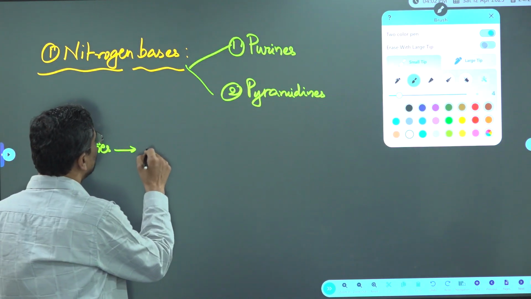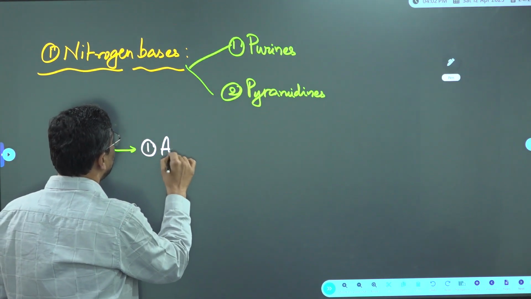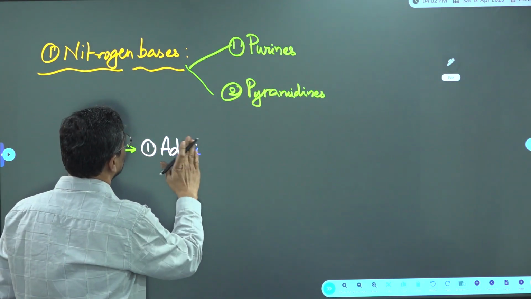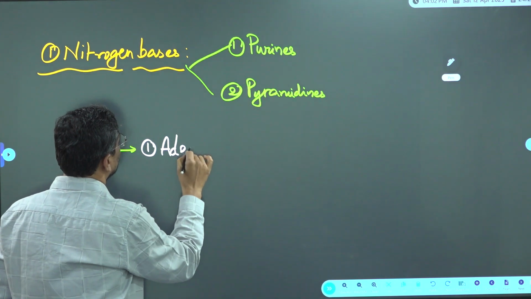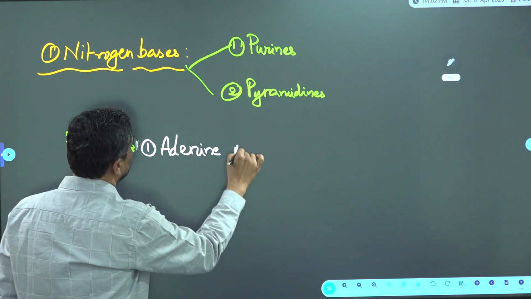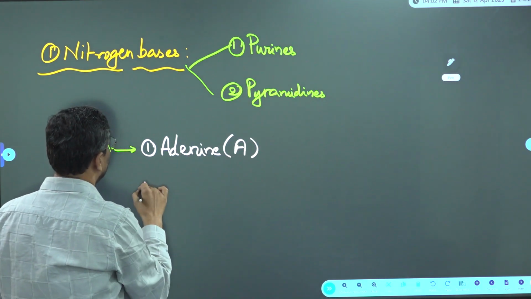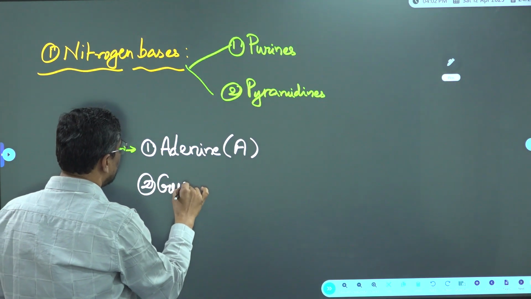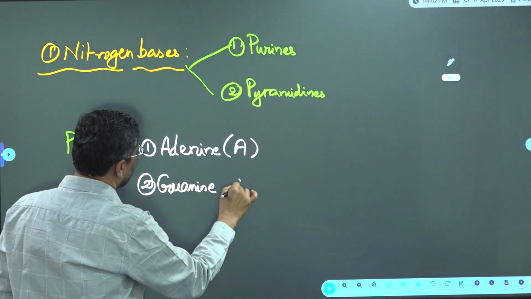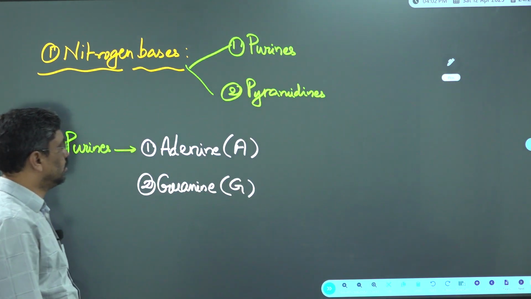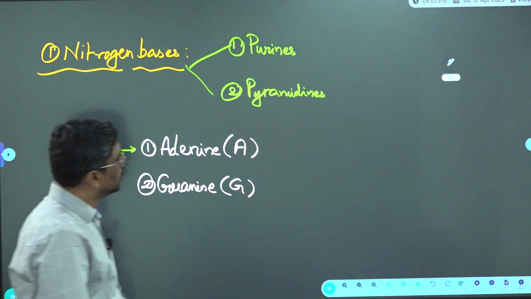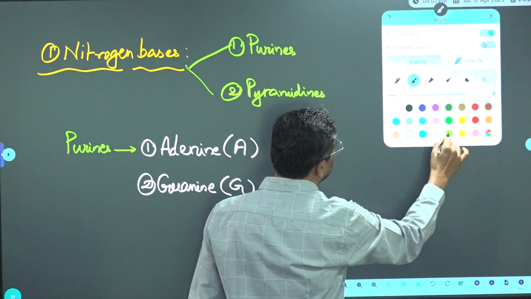The purines are again of two types: adenine, represented by capital A, and guanine, represented by capital G. Then pyrimidines are of three types.